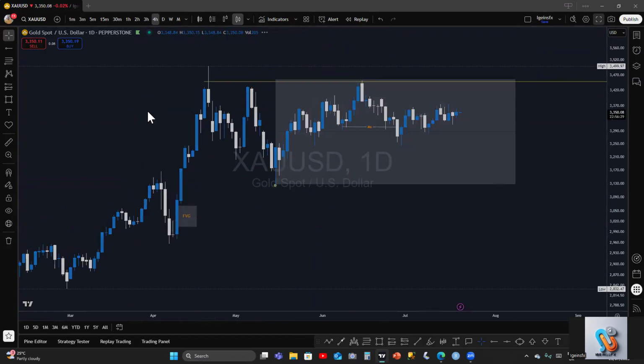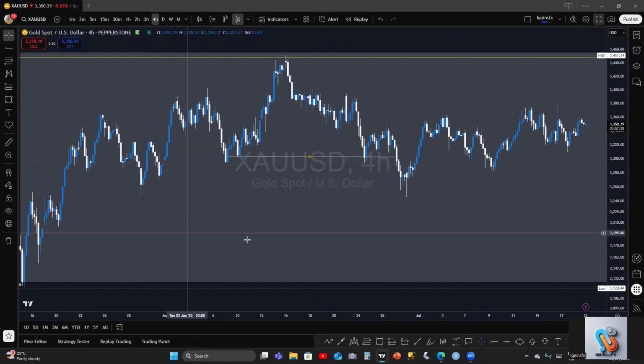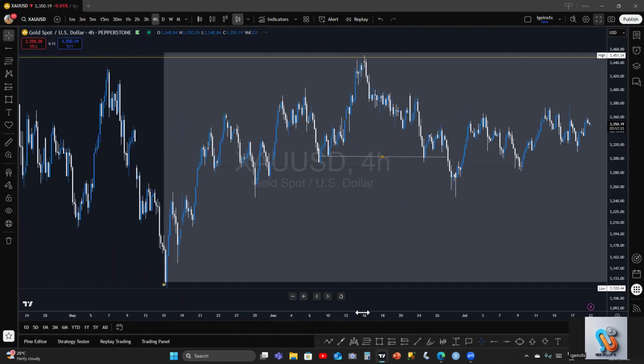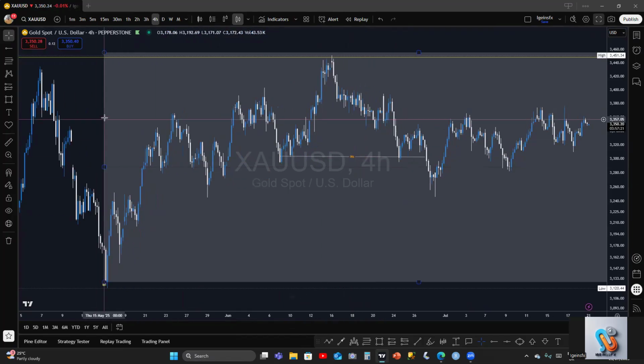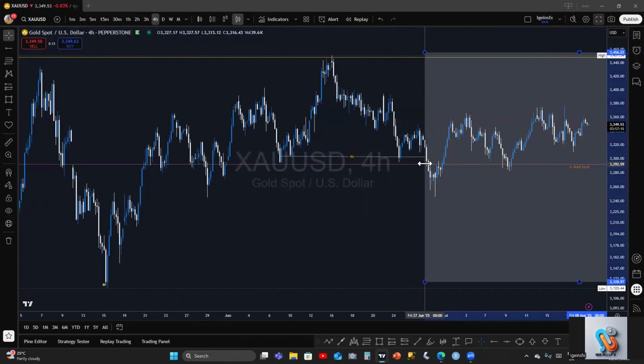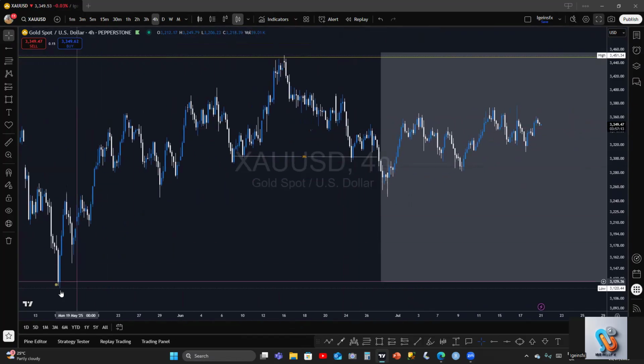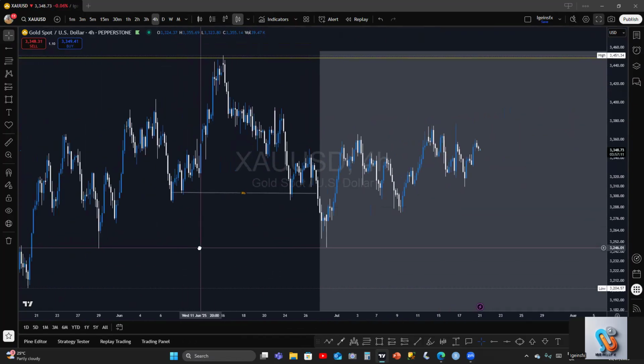So scale down to 4 hours. Then we can take this one off so that we can see it clearly. Let's single it up to this point because this side is far. We need to deal with this level here.